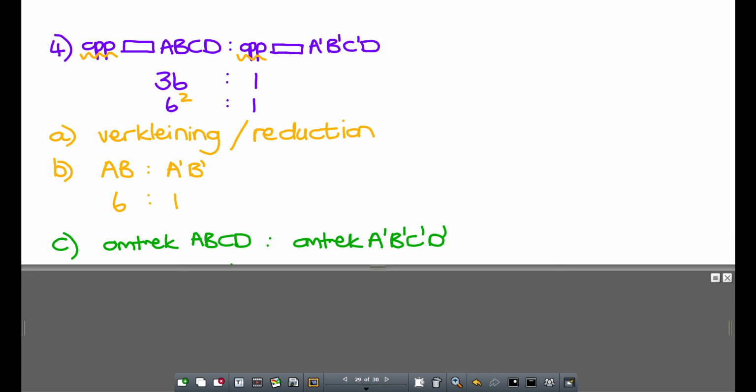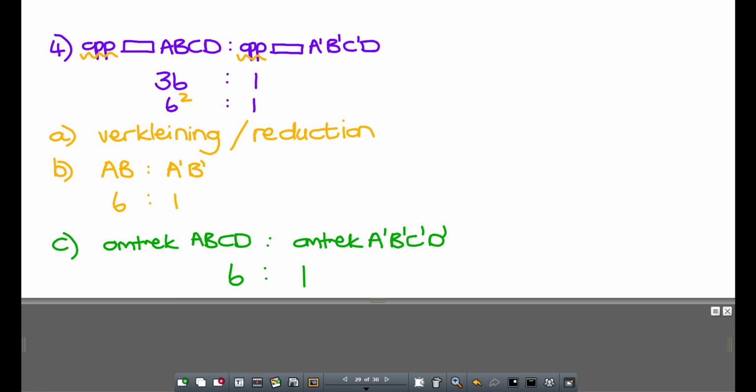So the perimeter of ABCD will be 6 to the perimeter of the new ABCD, again just 1. So they're testing whether you know that at perimeter, at the sides, it doesn't change, but at area it must be scale factor squared. They're checking if you know that there must be a square. You guys good with that?